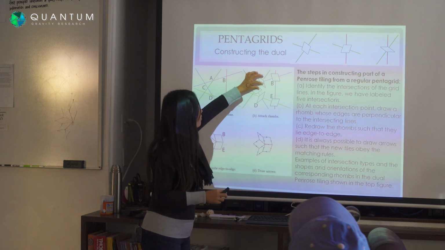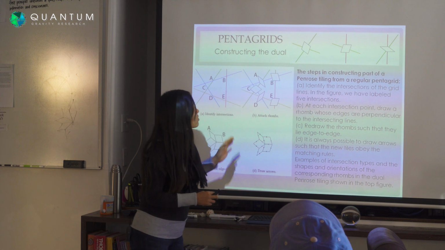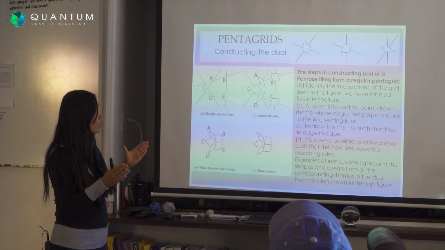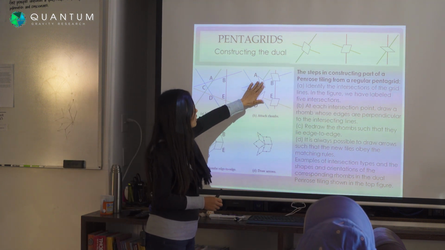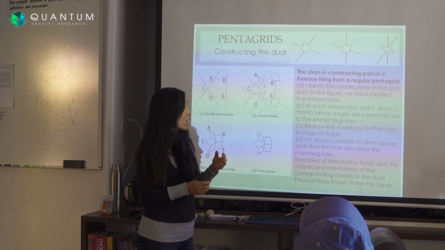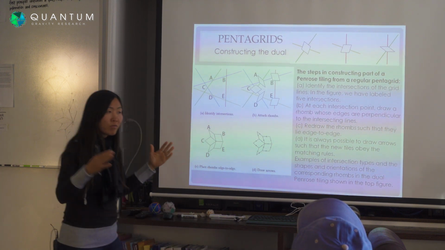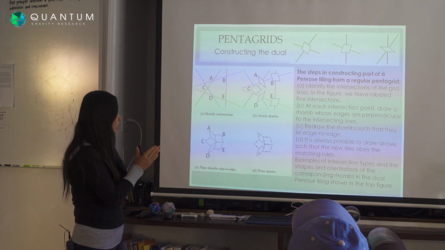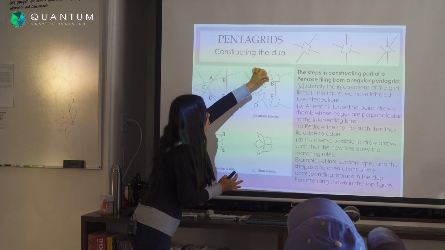Basically you have to shift these tiles to make them match. If you put them together without changing the ratio, they will not really match. This would not automatically become a Penrose tiling. You have to shuffle these tiles and make them all match with each other, so the edges touch each other.